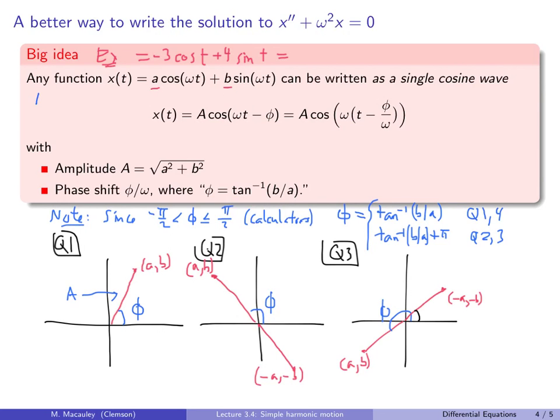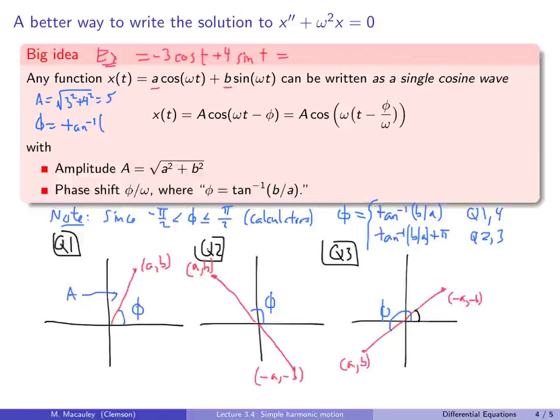In that case, a is the square root of 3 squared plus 4 squared, so that is 5. Technically, the square root of negative 3 squared plus 4 squared, it's still 5. And the angle phi is the arctangent of b over a, so that is 4 over negative 3.